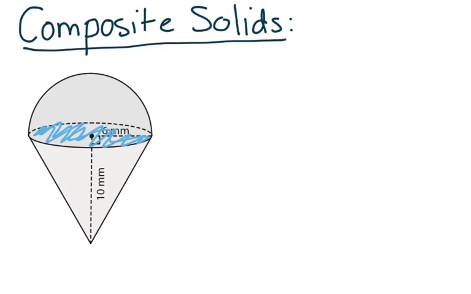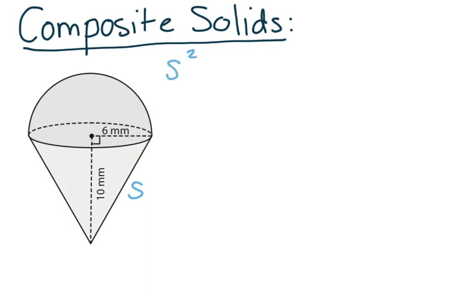So if we're thinking about our formula for the cone, we would normally have pi r squared plus pi rs. But you can see here that we're actually not using the pi r squared. So firstly, I'm just going to get rid of that so I can see what that is. We need to know our slant height.